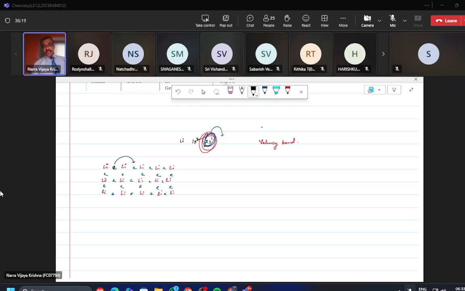We call that the conduction band. Why do we call it the conduction band? If that electron is moving, electrical conductance is observed. So all these valence orbitals put together, we call the valency band. All the energy levels of those put together, we call the conduction band.